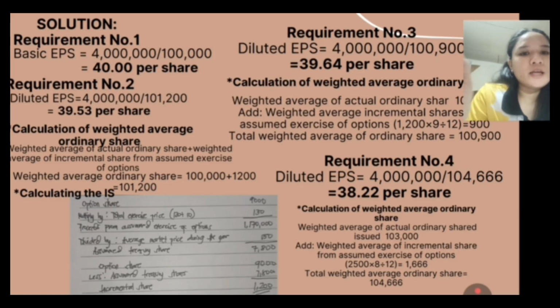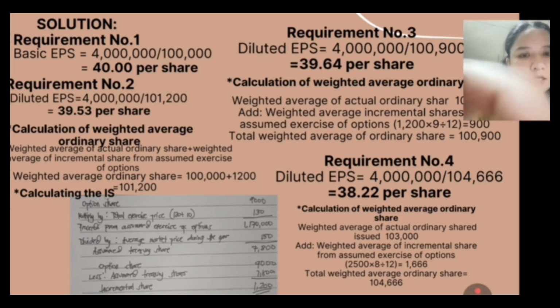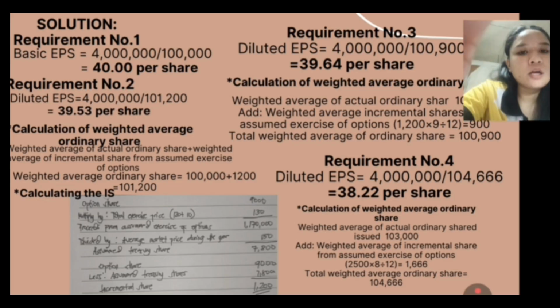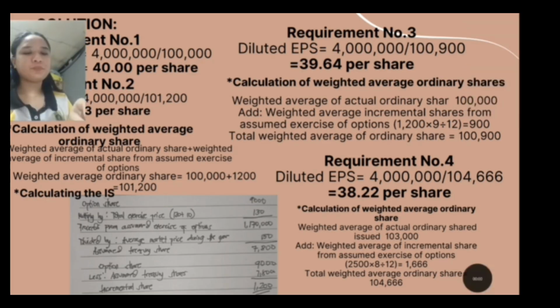Then we divide it by the average market price during the year, which is 150. The answer is 7,800. Then option shares minus 7,800 assumed treasury shares is equal to 1,200. That is our incremental share.